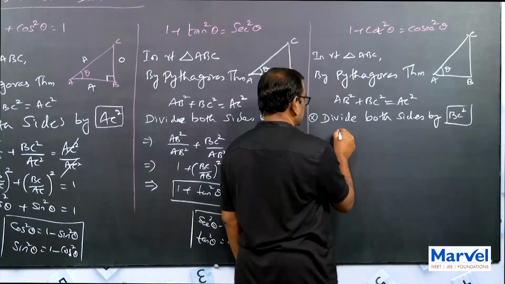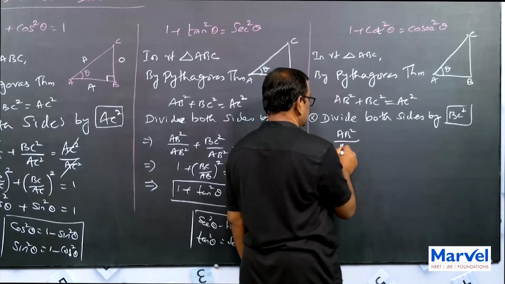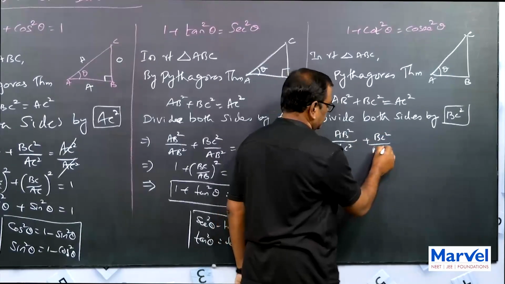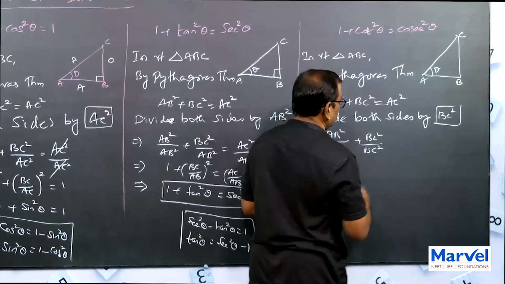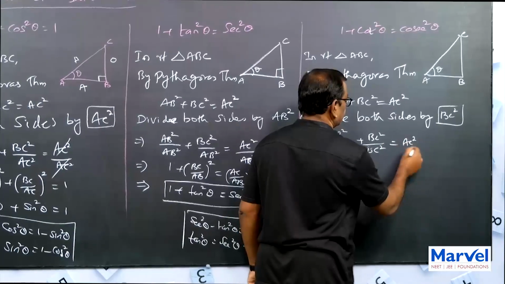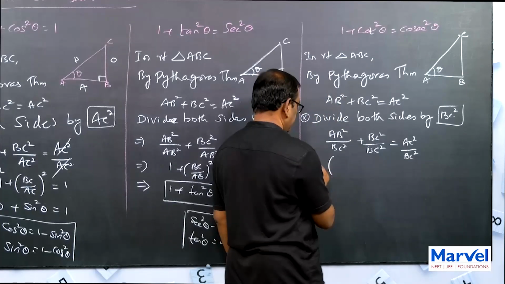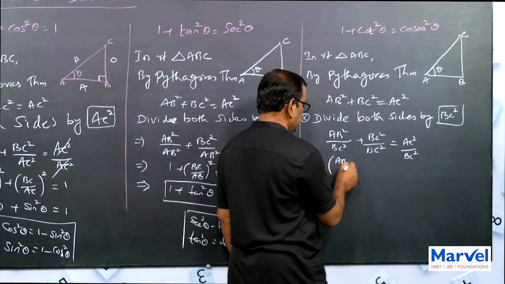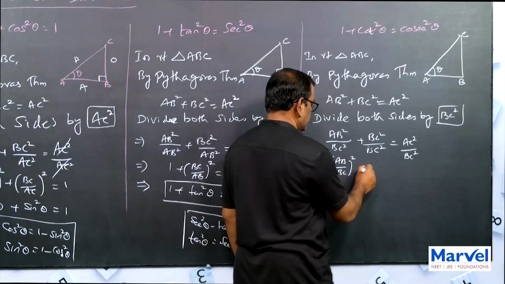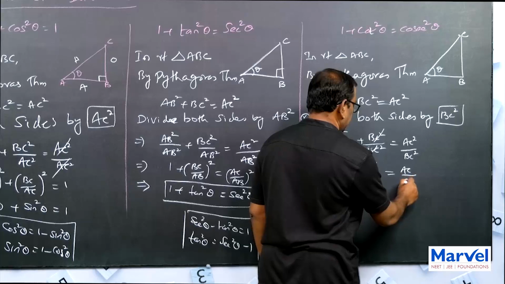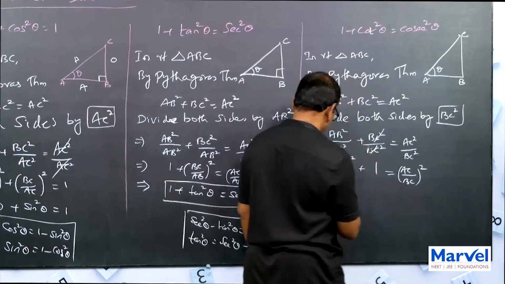So this implies AB square by BC square plus BC square by BC square equal to AC square by BC square. This is (AB by BC) the whole square. These two get cancelled, so (AB by BC) whole square plus 1 equal to (AC by BC) the whole square.